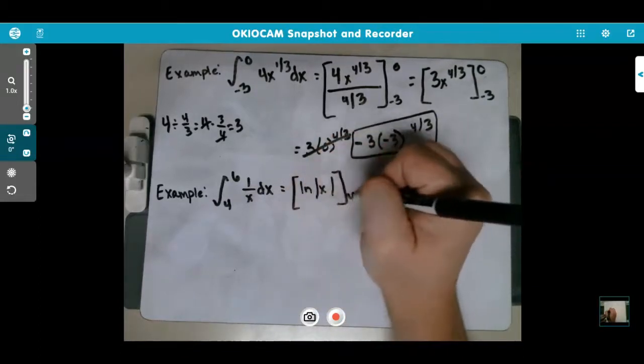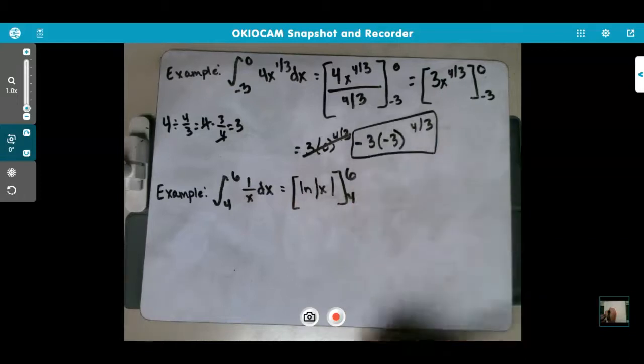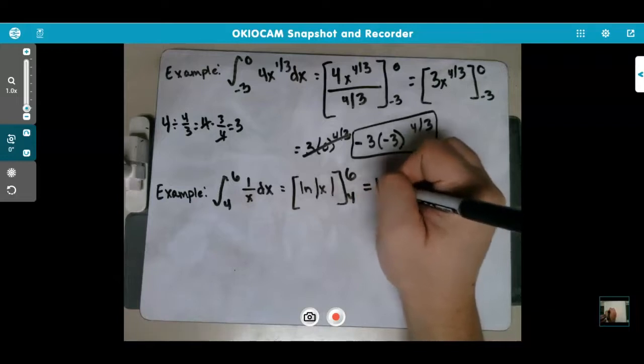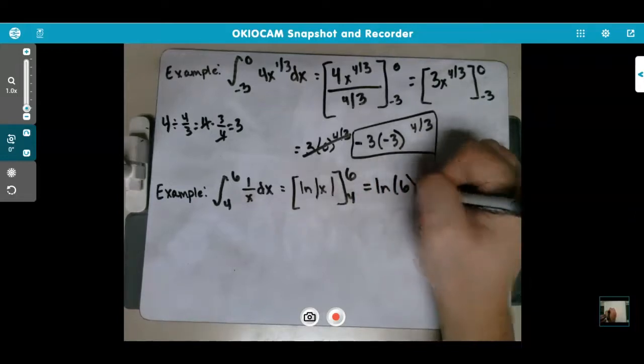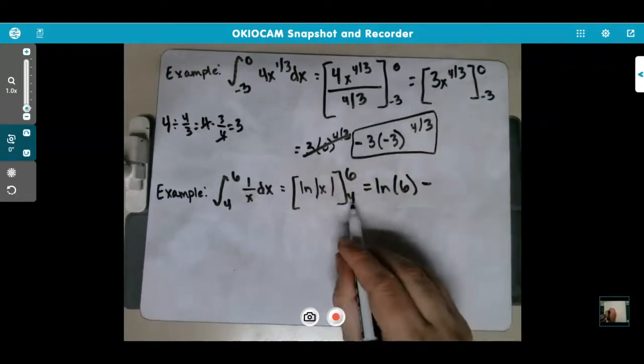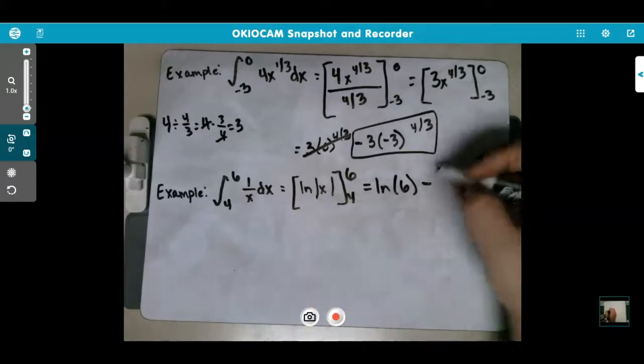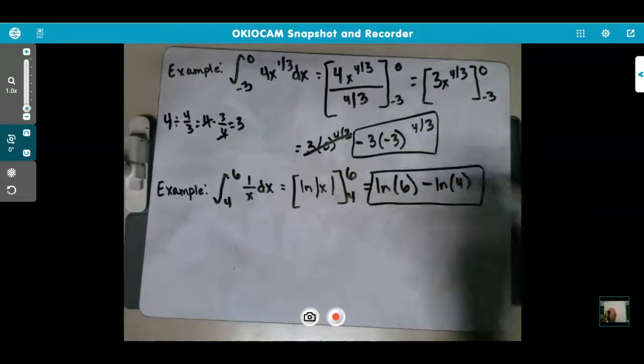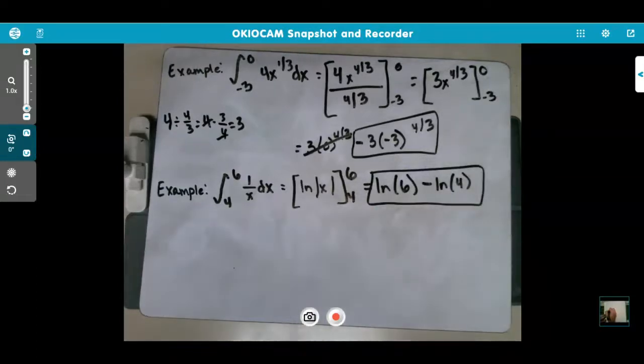But I'm doing that from 4 to 6. So plug in a 6. The absolute value of 6 is just still a 6. So natural log of 6 minus, plug in a 4. The absolute value of 4 is just a 4. So natural log of 4. Easy enough. Some more examples.